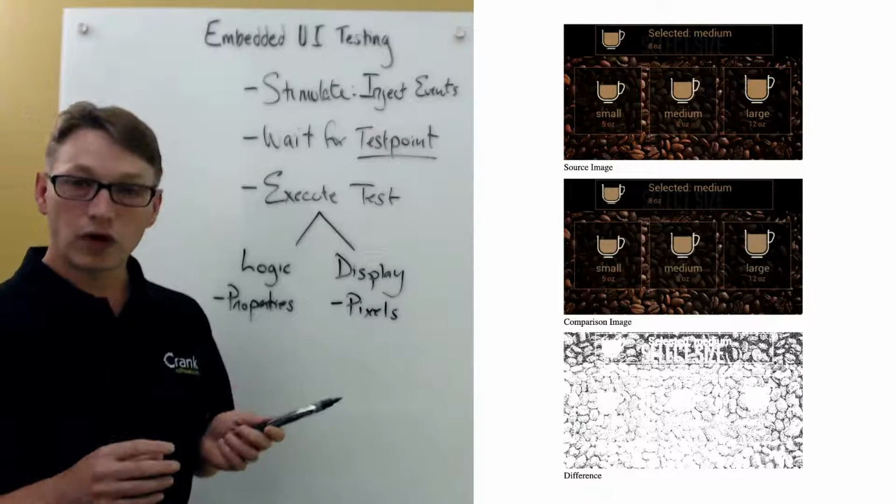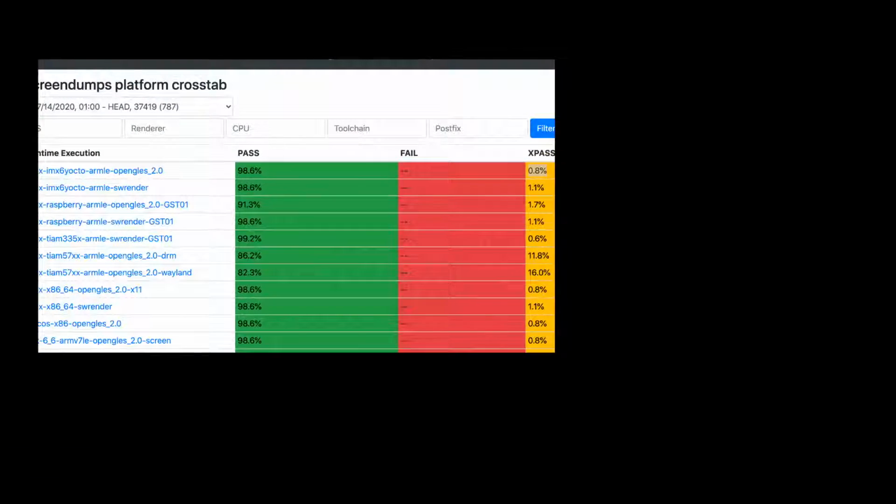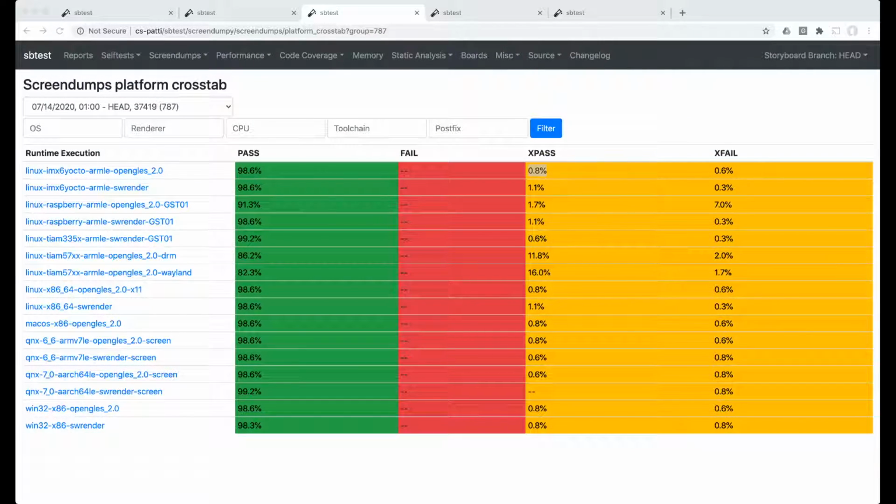And so there's a variety of different techniques, and what I'm going to do is switch over into a web browser here, which is giving you a little bit of insight. You're going to lose me for a second, but it's giving you a little bit of insight into what we do for this type of testing scenario inside of Storyboard.